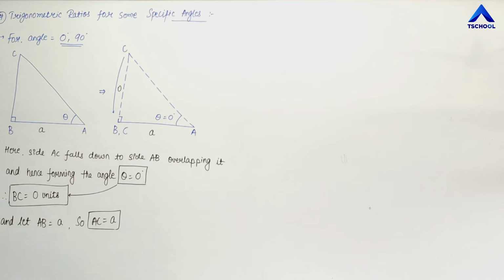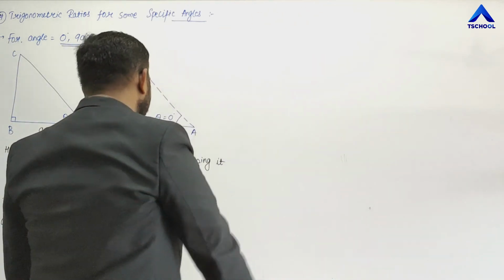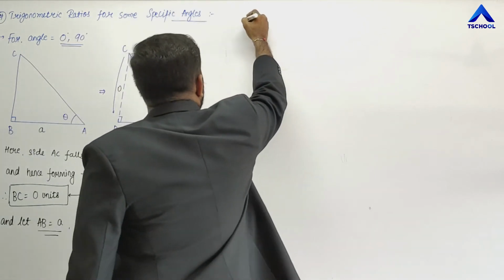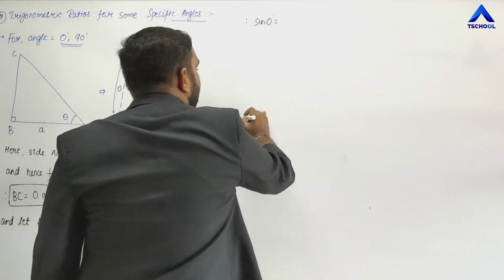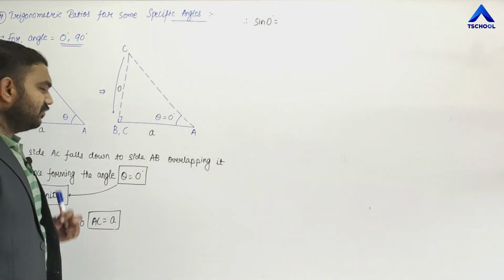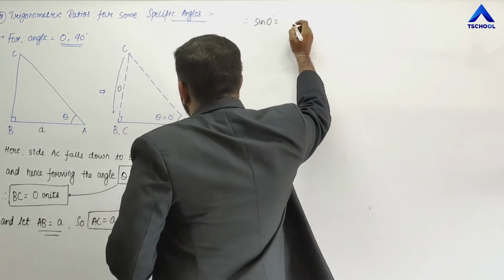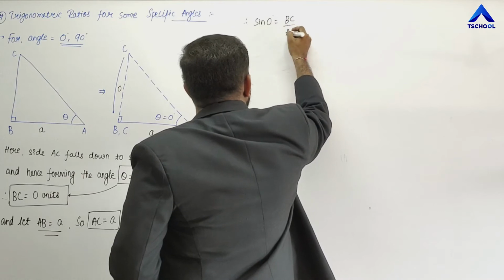Is this thing clear? So that is the thing that we are going to remember. We got this AC equals to A, we have let AB equals to A, and we know that BC equals to 0. So if we are to find out the trigonometric ratios, therefore sine 0, that is side opposite to 0 upon hypotenuse. What is side opposite to 0? BC, right? Side opposite to 0 is BC upon AC.